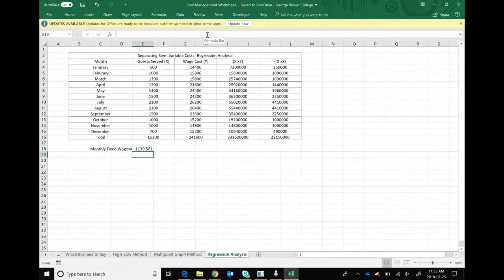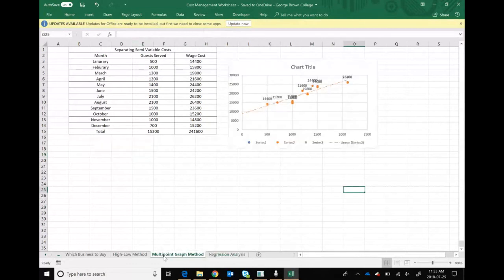Where the multi-point graph analysis does come into play a little bit is with forecasting. Just like if you go back to our multi-point graph here, just like I could move the trend line backwards to show where that trend would connect with the y-axis, I can extend that trend forward into the future.